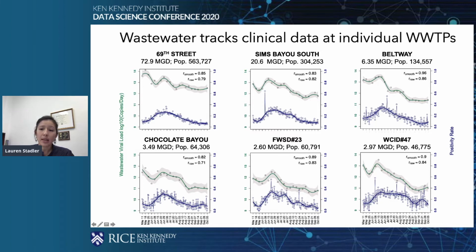And as you can see, we again see very strong correlations between this non-parametric model fitted to the wastewater data and the positivity rate data, showing that this approach is robust across a range of different wastewater treatment plant sizes and could be applied to other cities where perhaps they have much larger, more centralized facilities like 69th Street, or smaller treatment facilities like, for example, WCID 47.